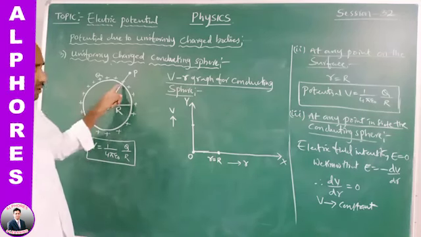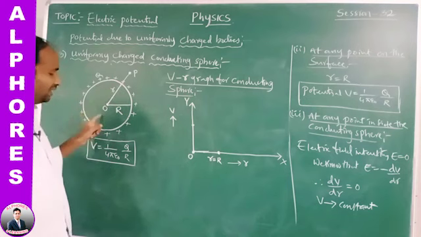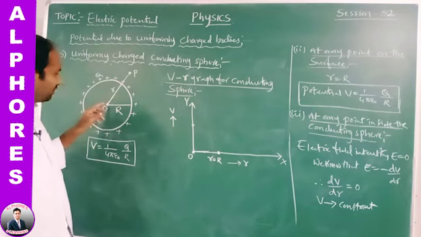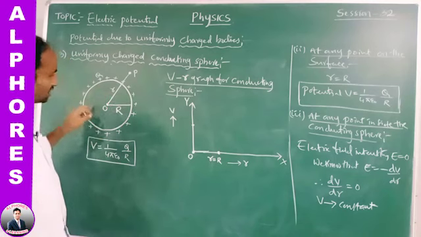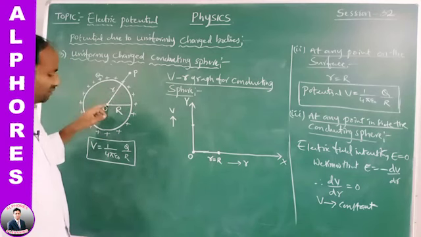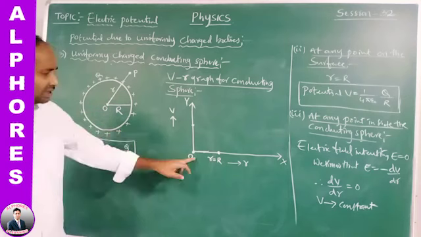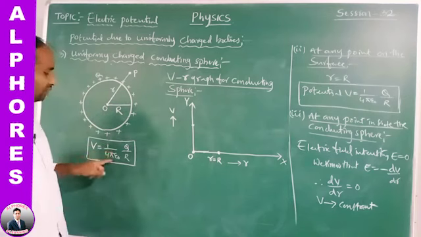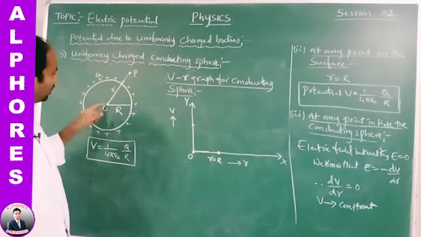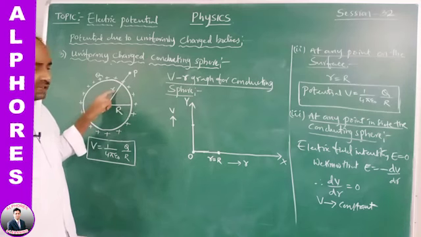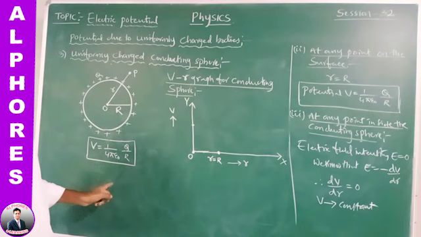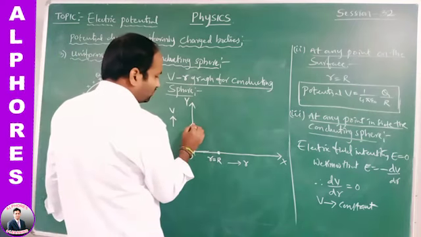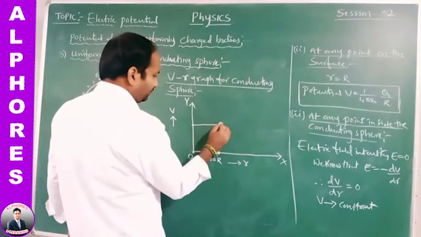Potential at any point inside the sphere is the same. At the center, r is 0, and the potential is 1 by 4 pi epsilon naught, Q by R. As r goes on increasing until small r equals capital R, the potential value remains the same. So the graph will be like this.